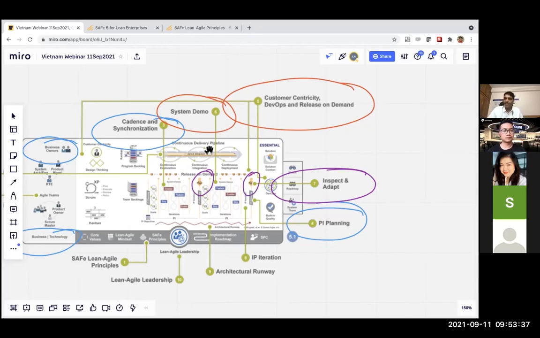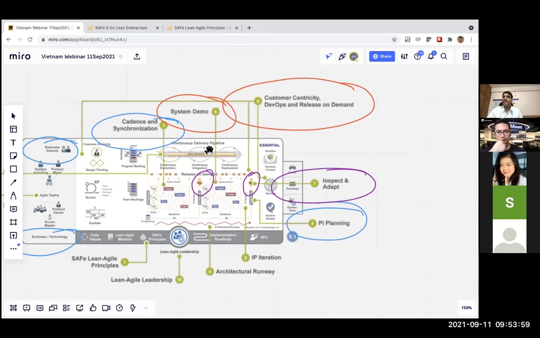This retrospective is a little structured. You don't just say what went well and what didn't go well. Rather, you use lean tools like fishbone diagram, Pareto analysis, and brainstorming techniques to find the actual root cause.